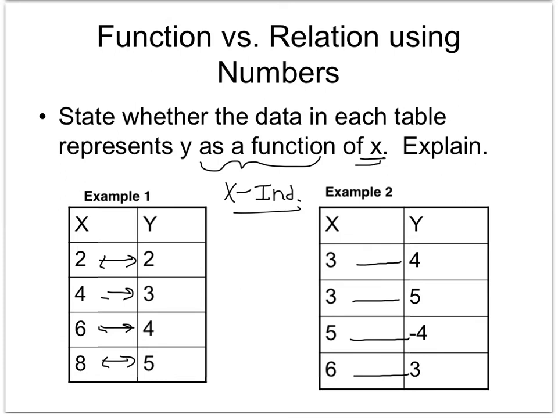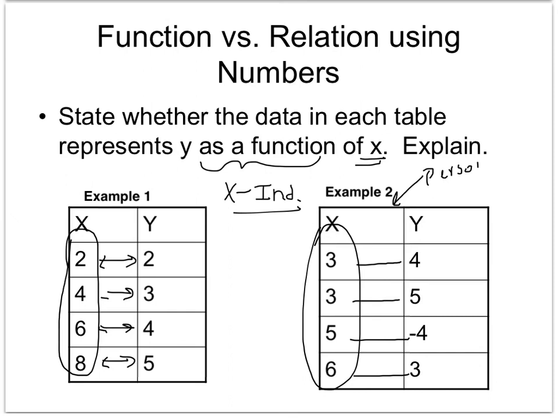So when I look at these two tables, I say, okay, well, this one has all different numbers. This one has all of the same numbers. So what's happening here? If we think of this as our person, and if we think of this as our social security number, does this same person, person 3 and person 3, have two different social security numbers?